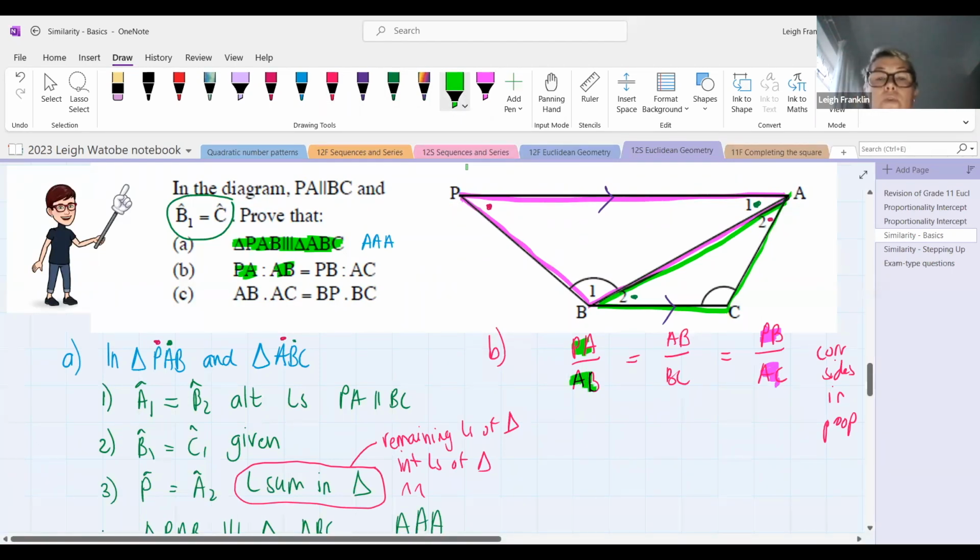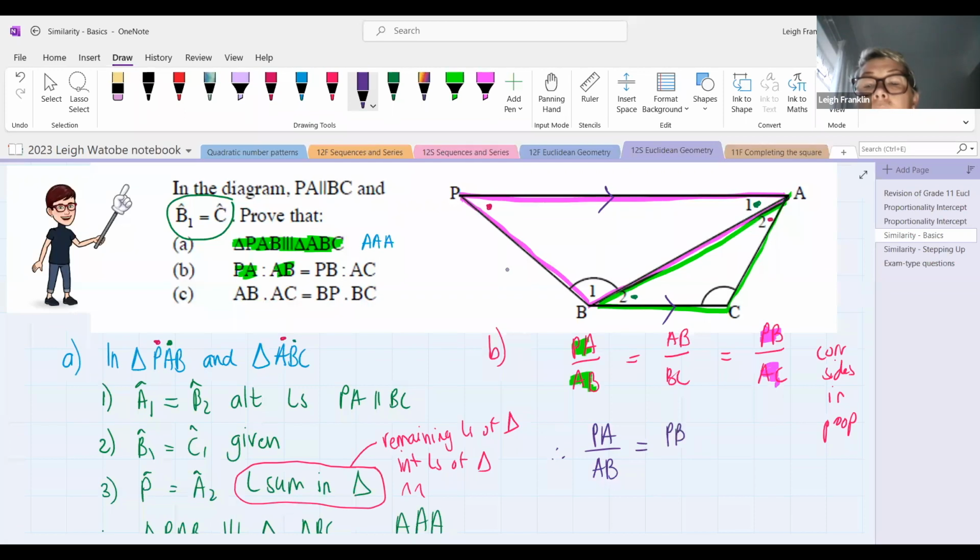Now again, they're asking us to compare numerator and denominator with numerator and denominator. So what this means is that PA over AB equals PB over AC.